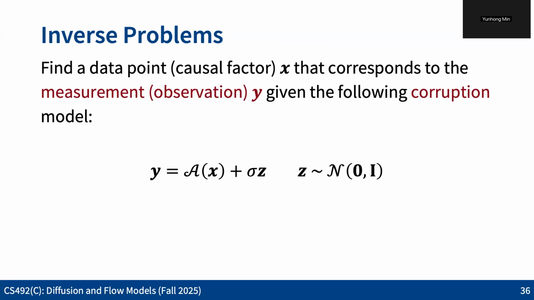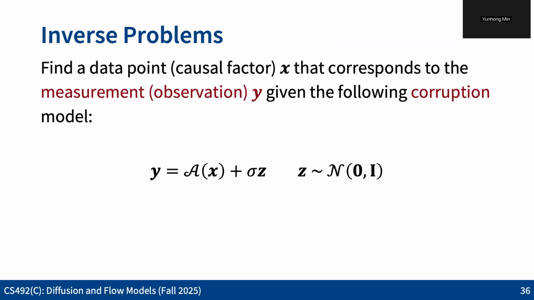And this function A may not be invertible, which means that given the partial observation, there can be several possible causal factors that would result in getting Y. And there might even be some noise injected into the observation here.